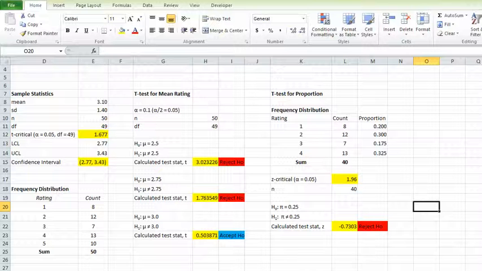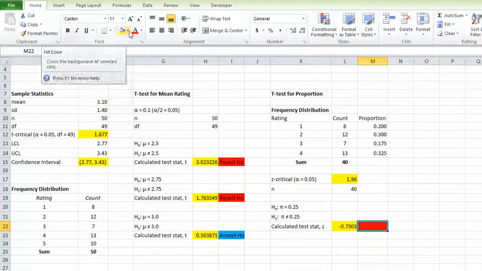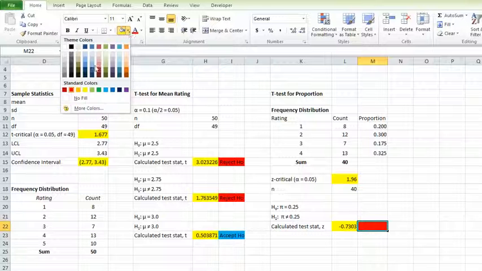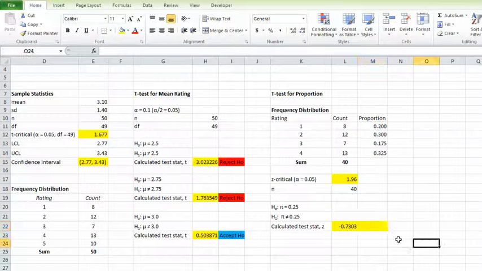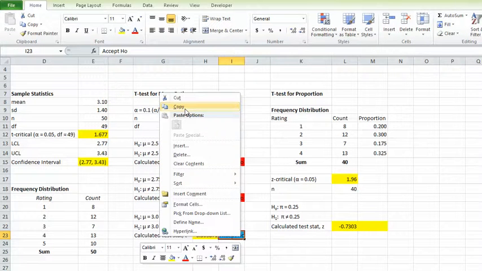Uh-oh, something's going on here. Why do I say reject? I think I was copying and got a little crazy with copying things. I'm going to get rid of that color because I think that should be yellow, right? That tells us we should accept that.